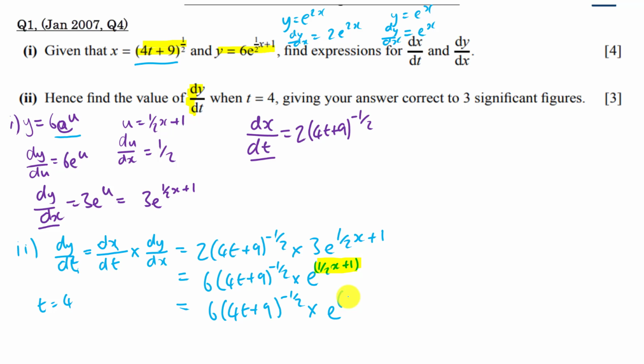So e to the half bracket 4t plus 9 to the power half plus 1, and then you can do on your calculator t equals 4.